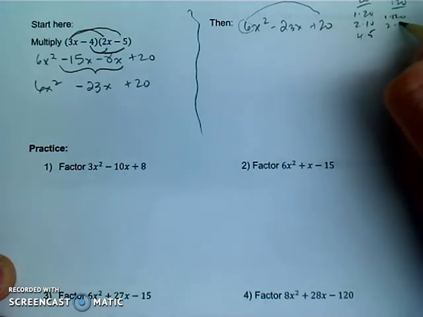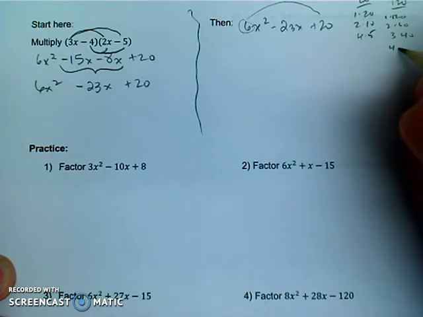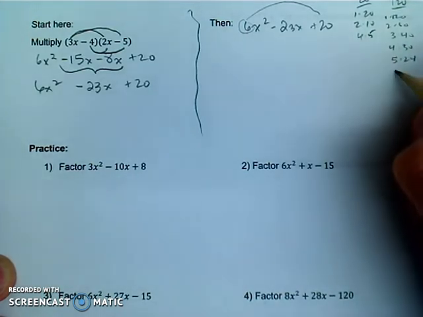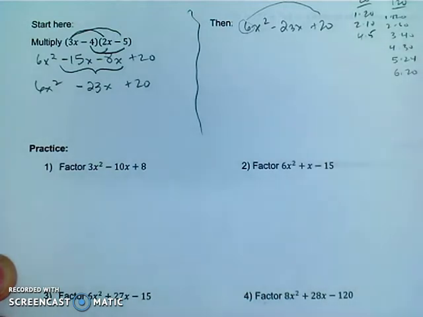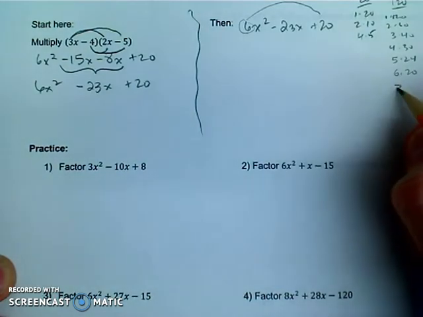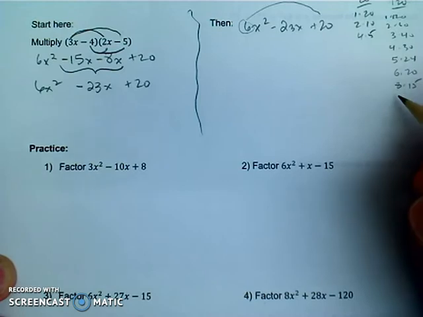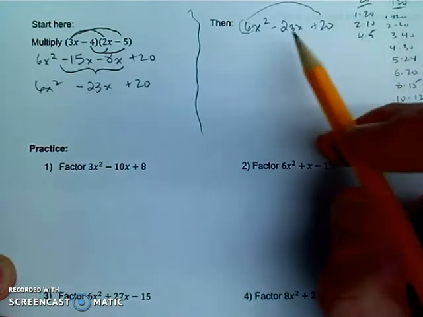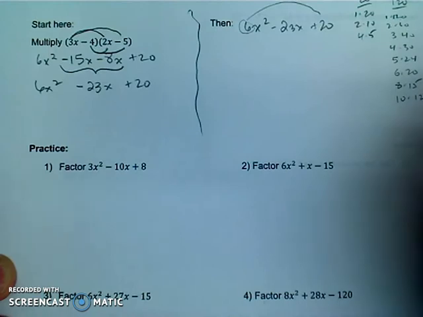1 and 120, 2 and 60, 3 and 40, 4 and 30, 5 and 24, 6 and 20, 8 and 15, 10 and 12. So now we want to look for a pair of numbers that multiply together to make 120 and add up to 23.